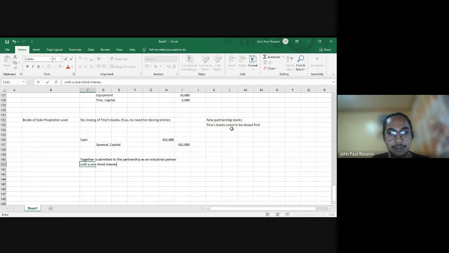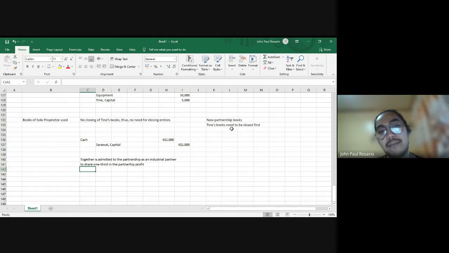To share one third in the partnership profits. Okay. But it doesn't necessarily mean that since there are three of them, Together also gets one third. It depends on the agreement of the partners, usually, how much the share of the industrial partner is, things like that.